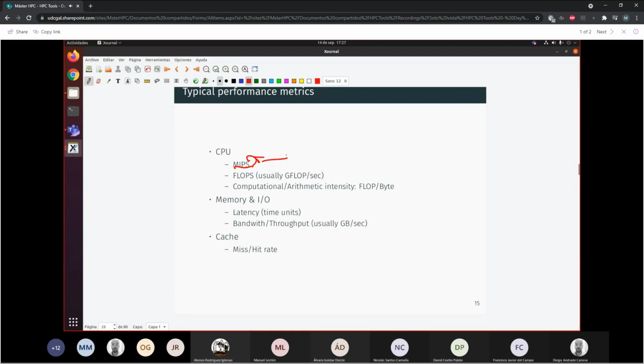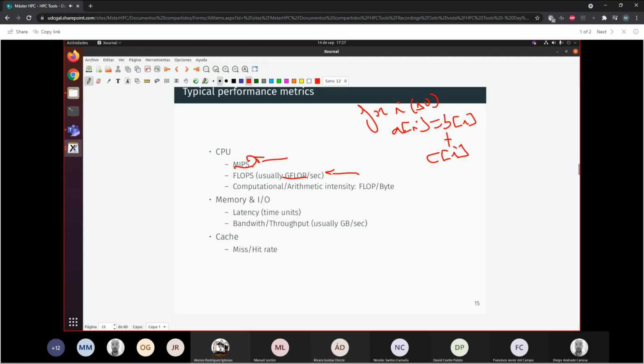So for instance, if you are doing something like this, in a loop, and this loop has 100 iterations, you see that if these are floating point numbers, real numbers, you have one addition per iteration, okay? So these are 100 floating point operations, okay, that you have to execute.